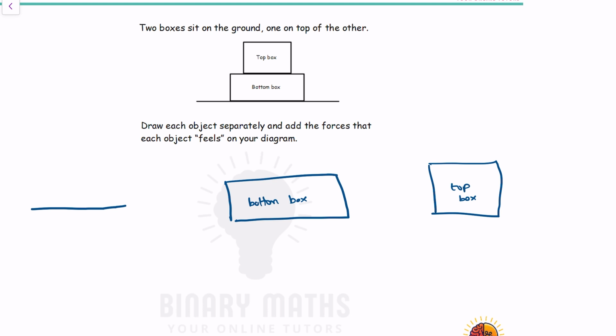Okay, what is the ground feeling? The ground feels the bottom box because it's only got contact with the bottom box. It feels the bottom box pushing down. What does the bottom box feel?